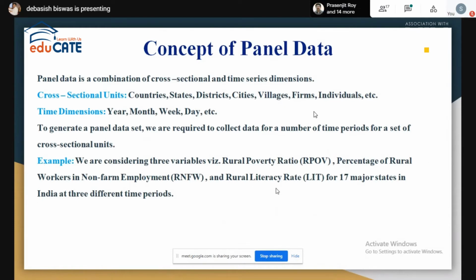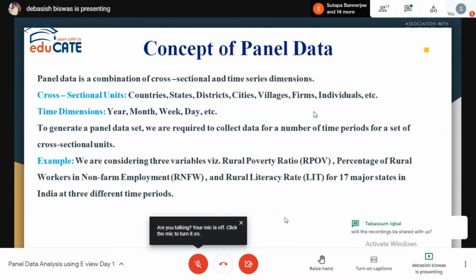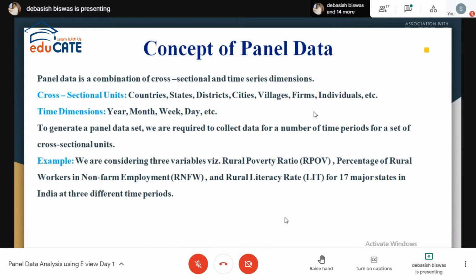That means dependent variable. So when we are considering three macro variables, from our domain knowledge, we have to identify which one is the dependent variable and which are the independent variables.